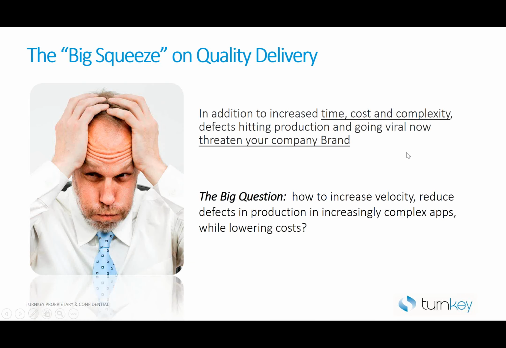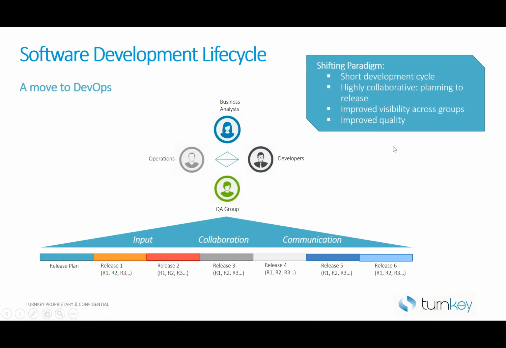So the big question becomes, how do you increase SDLC velocity as you deal with increasingly complex applications while still preventing defects from escaping into production and keeping costs low? In conclusion, putting in place more effective quality assurance with test automation in DevOps can help address all of these issues by significantly reducing timelines, costs, and increasing test coverage and quality.